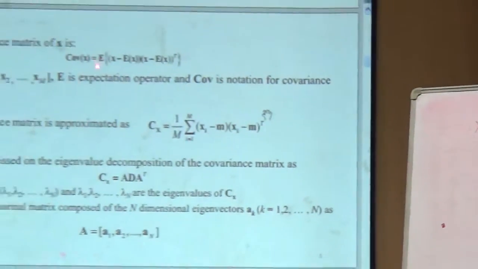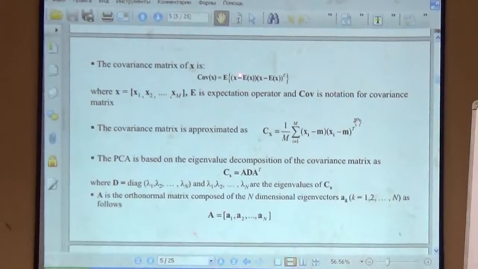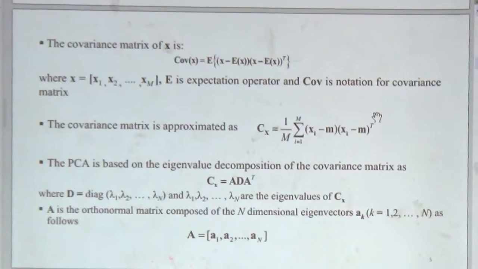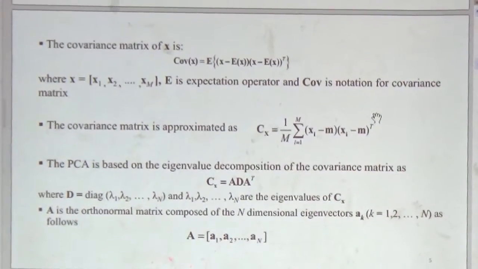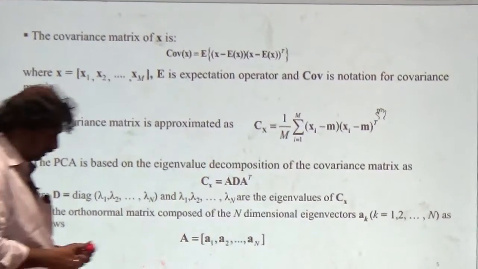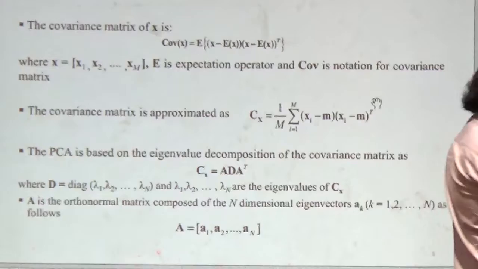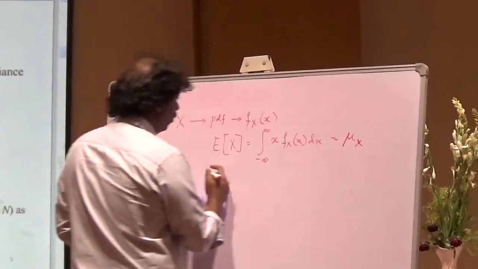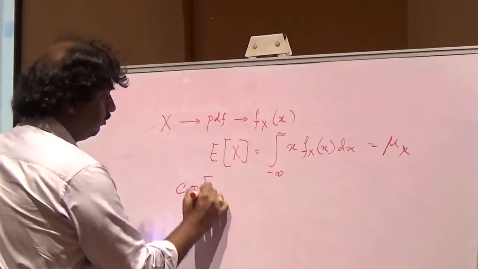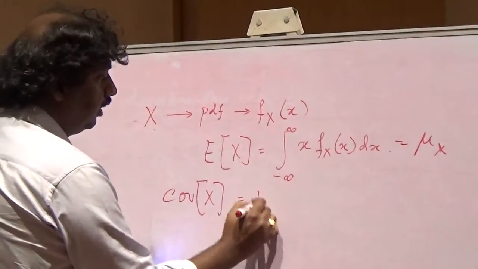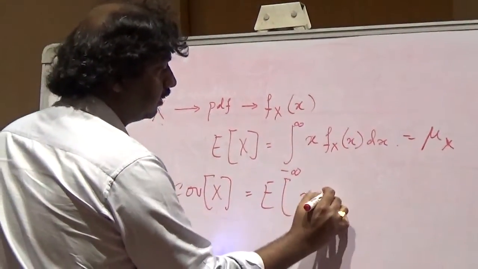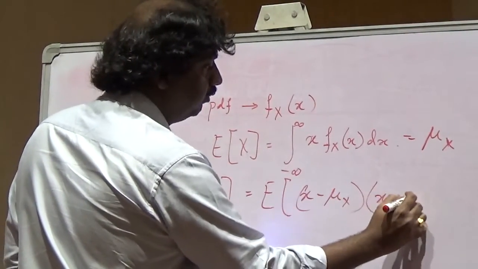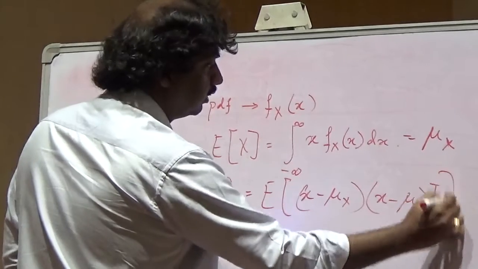So I can take the expectation of x minus mu x, so I can find the mean. The expectation of x is also equal to the mean of x. So to find the covariance of x, I just have to take the expectation of (x minus mu x) times (x minus mu x) transpose.